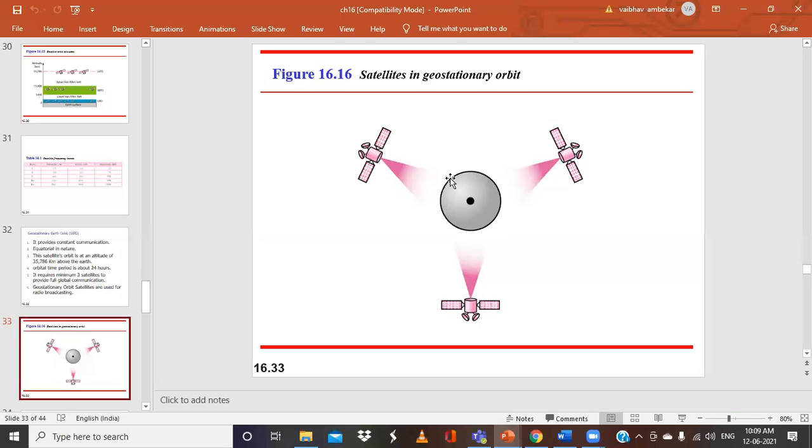Because of this curvature, the people or systems at this particular site cannot communicate, or the signals cannot reach this site. So we require a minimum of 3 satellites placed in this orbit, and those are the geostationary satellites.